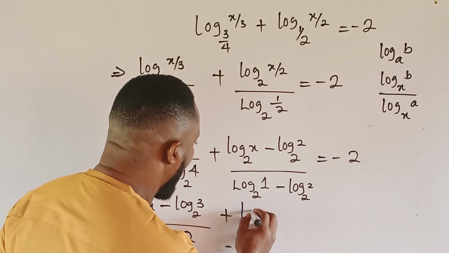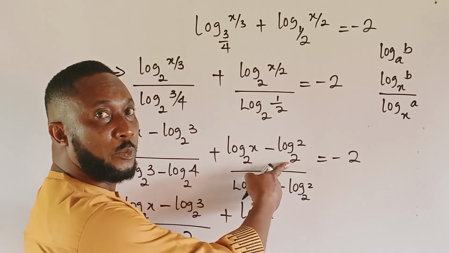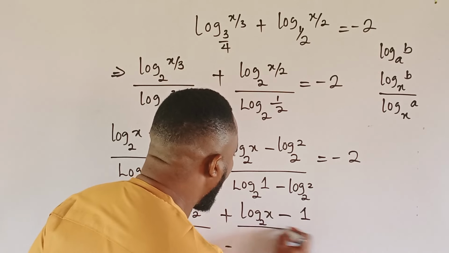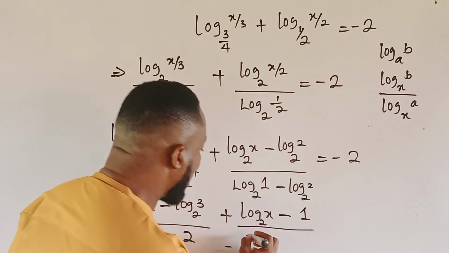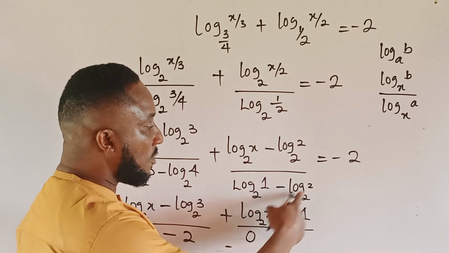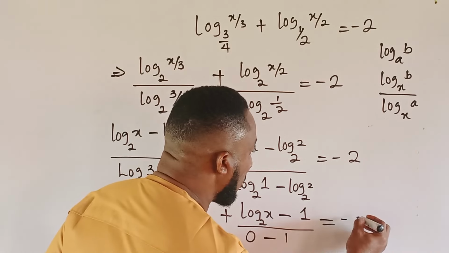Plus log to base 2 of the argument x minus 1, since log to base 2 of the argument 2 is 1, all upon log to base 2 of the argument 1, that's 0, then minus 1, since log to base 2 of the argument 2 is 1. Everything equal to -2.